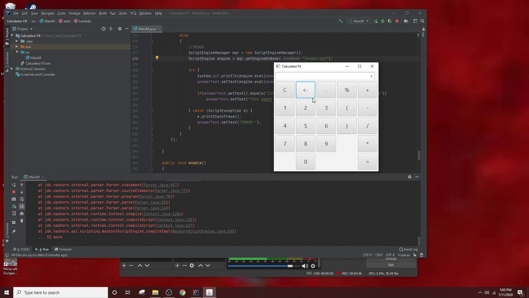But yeah, there's a lot you could do. See, two mods. Error.